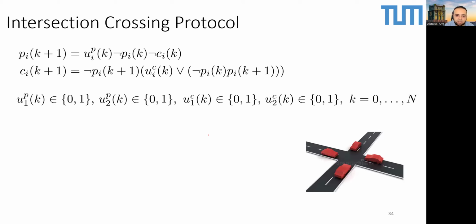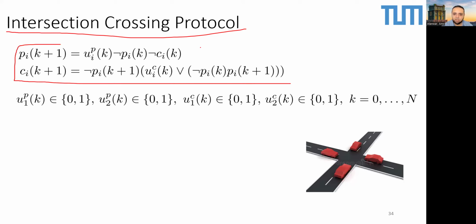Now to the evaluation. We have evaluated the logical zonotope and polynomial logical zonotope in multiple problems. The first one is the intersection crossing protocol that governs the intersection between four cars. Consider that we have a logic as shown here, and we have uncertainty on the input, which means the input can be 0 or 1.